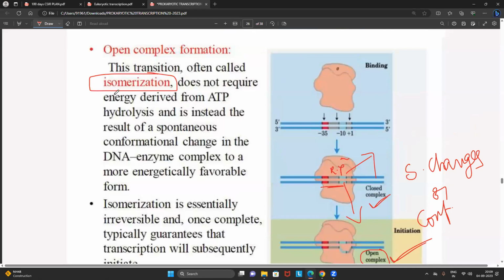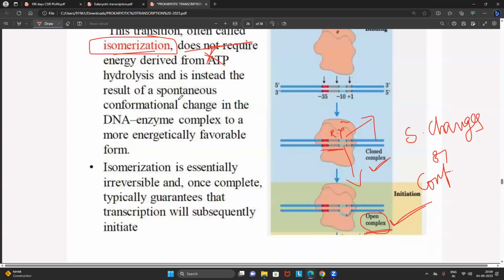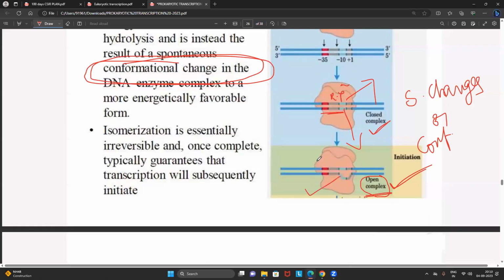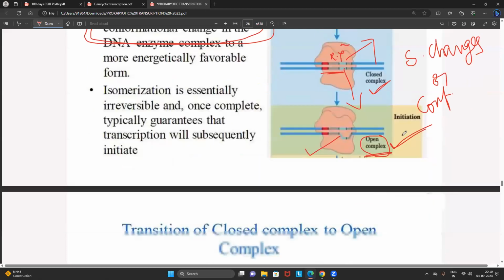What do we call it? Isomerization. The transition, often called isomerization, does not require ATP. Then how does it happen? It just happens by the structural or conformational change. So friends, finally it is converted into the open complex. There is no doubt about it.